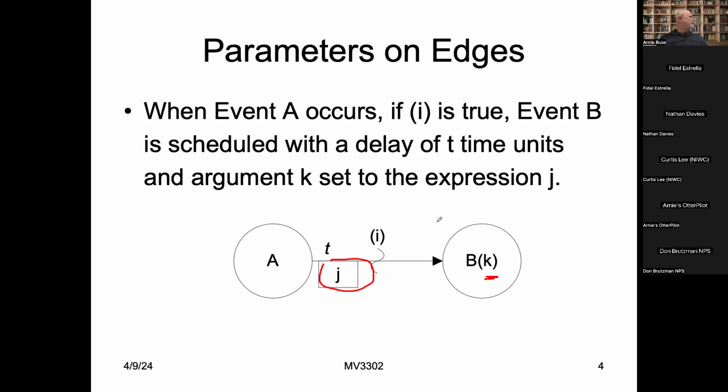The other thing is something you probably heard me harangue about a little bit last quarter, which is the difference between the expression that you invoke a method with and the formal argument that's on the method. It's the same relationship here. This argument on the event is a formal argument. In other words, it's like a single variable. It's not an expression.